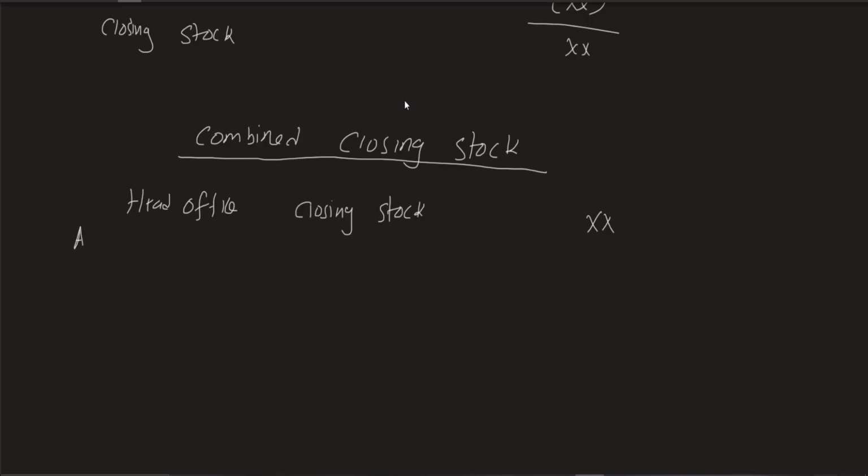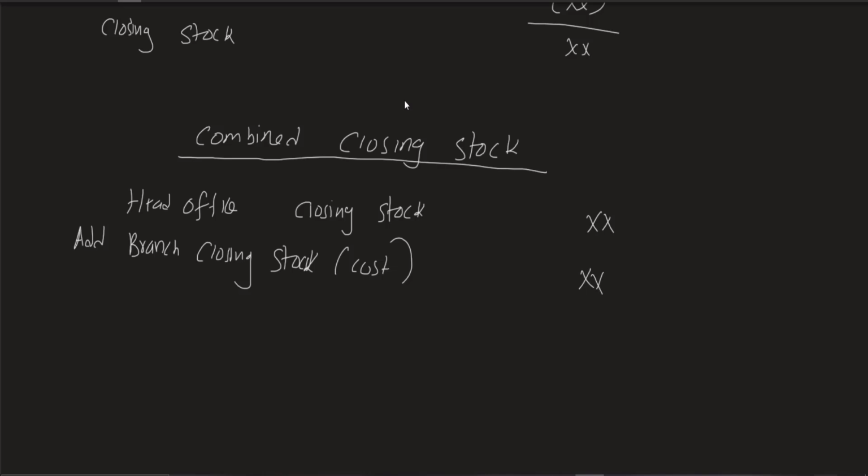We include it there, and then we add the branch closing stock. This is at cost. Add it there.